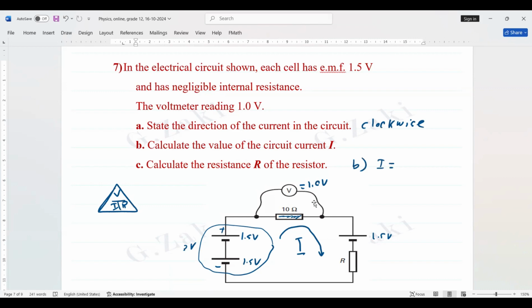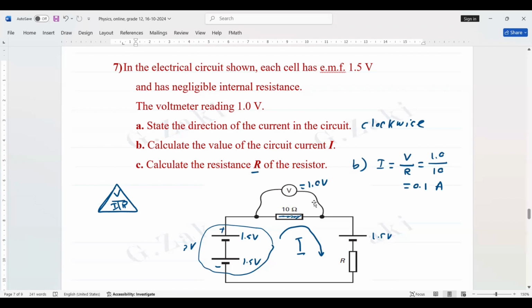The current equals V divided by R. V is 1.0, not 3, not 1.5, because the voltmeter gives us the voltage around a specific instrument, the resistor. So it's 1.0, the voltage, divided by 10. So it is 0.1 ampere. The current in the circuit now is 0.1 ampere.